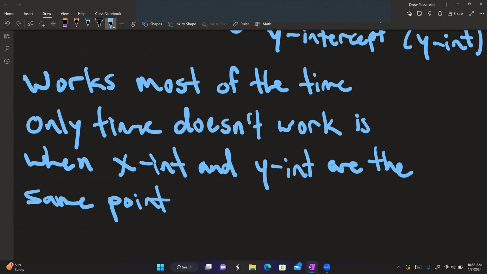Okay, and when that happens, I would do method 2, which I'll talk about in a couple minutes. So when the x-intercept and y-intercept are the same point, this method 1 fails, and you would use what I'm calling method 2.